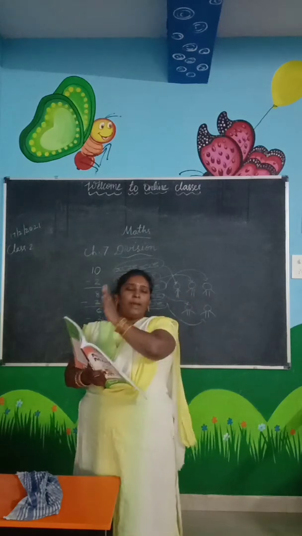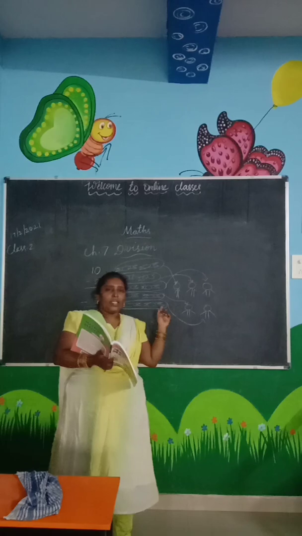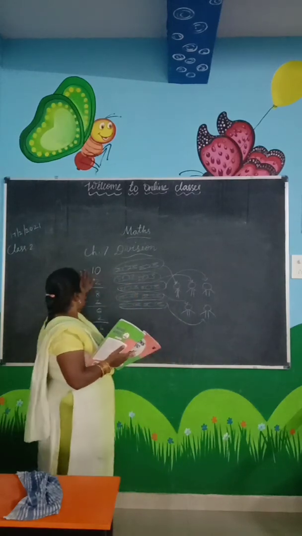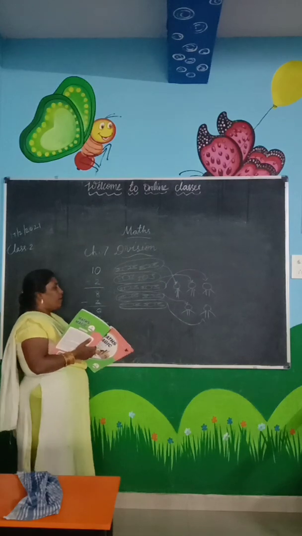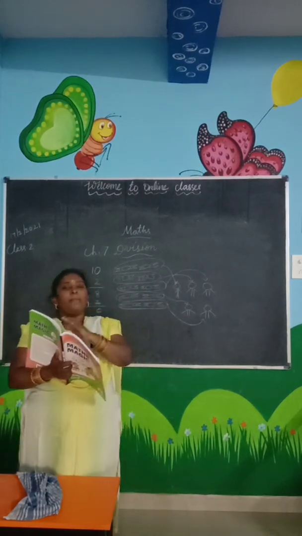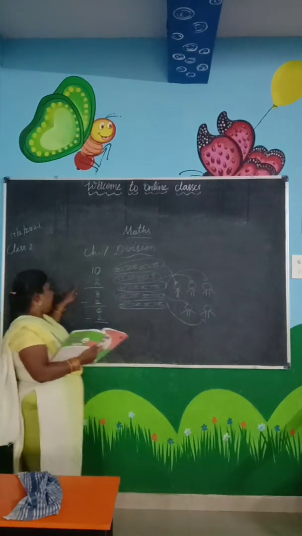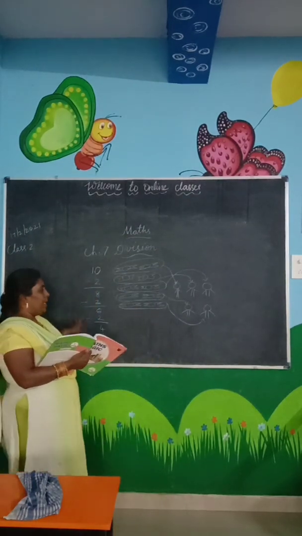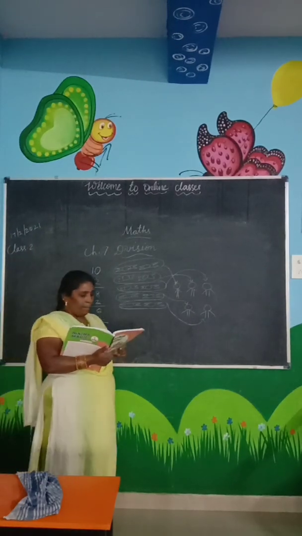Division is splitting of the number equally. Splitting the number equally means dividing it into small parts equally. Division is repeated subtraction. Repeatedly we are subtracting the same number.